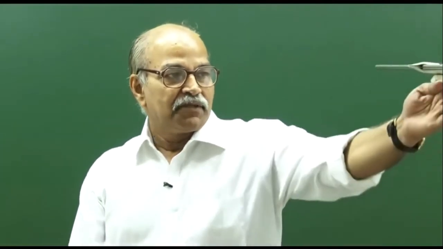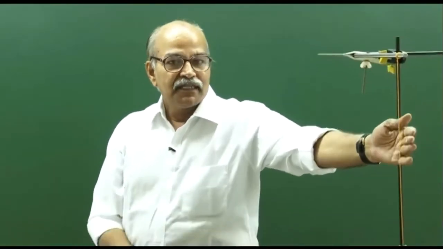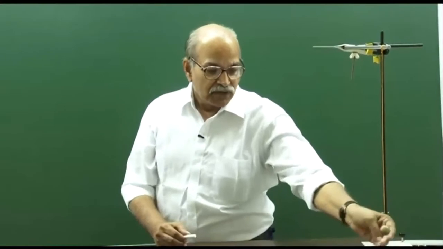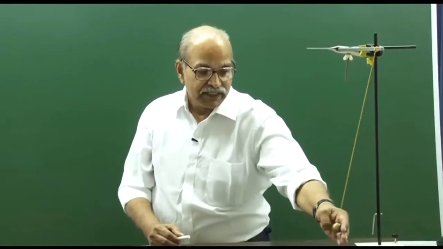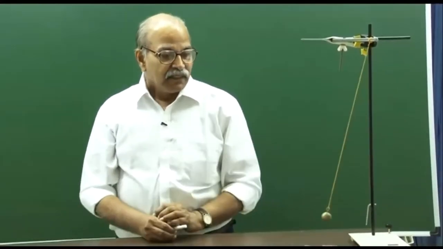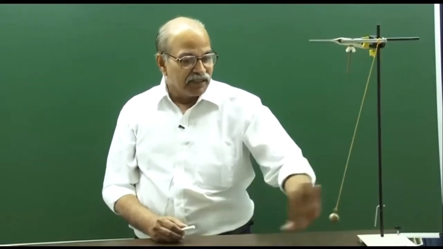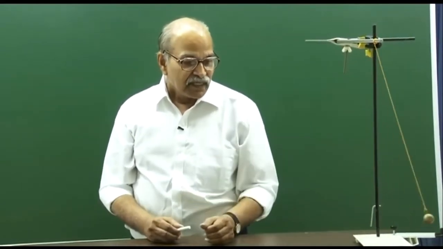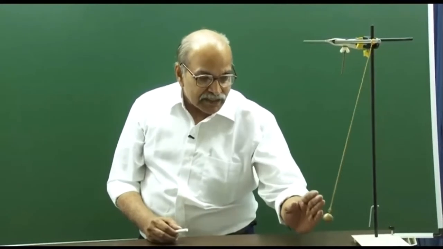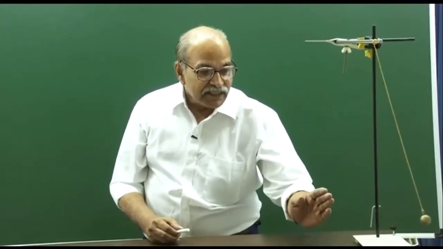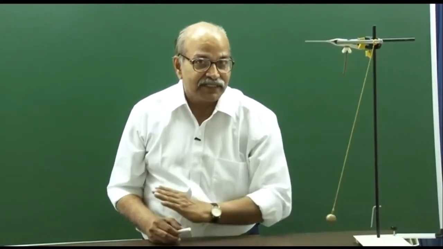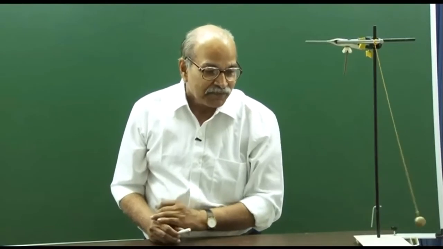So, we have a pendulum here and you can oscillate it. So, let me just oscillate it. Now, this oscillation can be described by some theta as a function of time, and at each instant it is in some particular phase of oscillation. What do I mean?